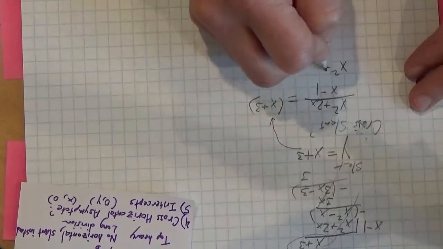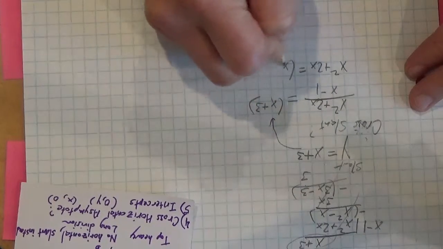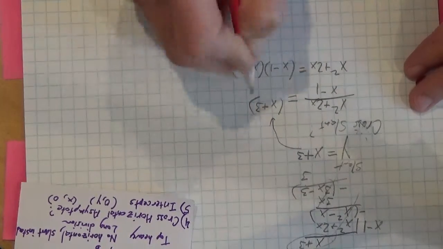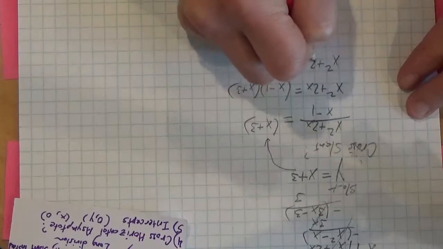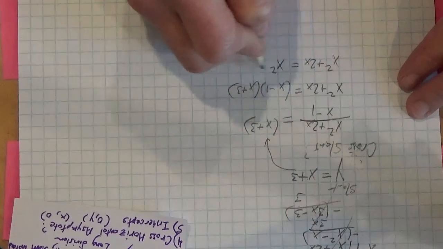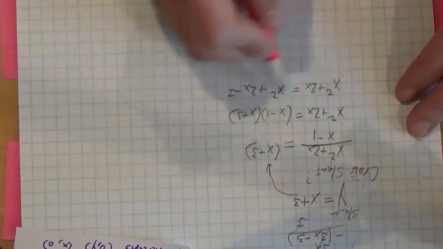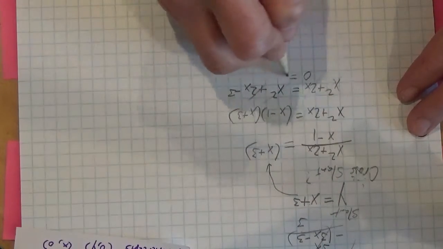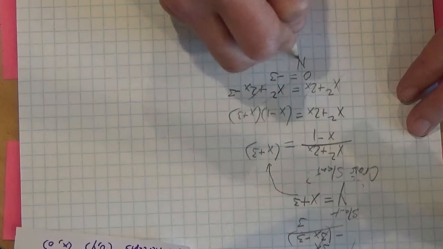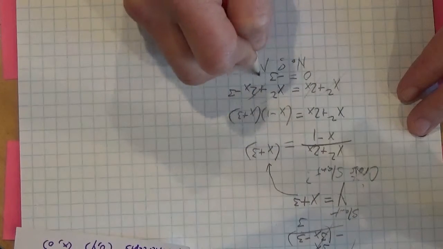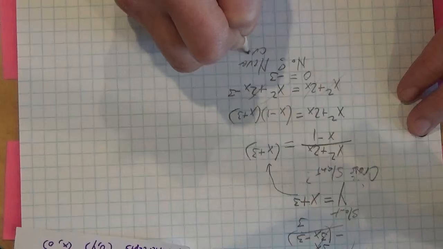Most of the time it won't, but there's no reason it couldn't, and we want to check. So x squared plus 2x equals x squared plus 2x minus 3. Those cancel. You're getting 0 equals negative 3. So no, it doesn't. Never crosses the slant.